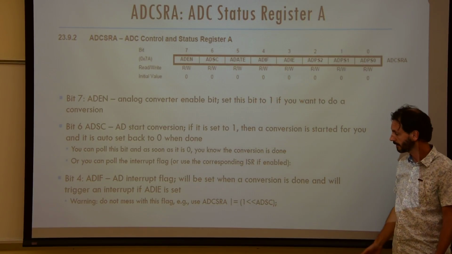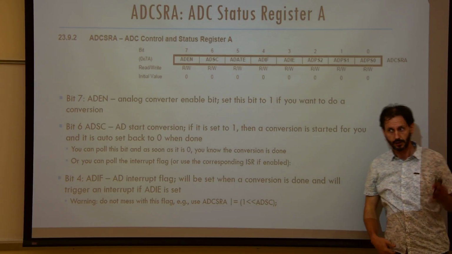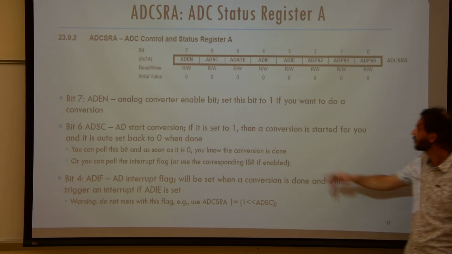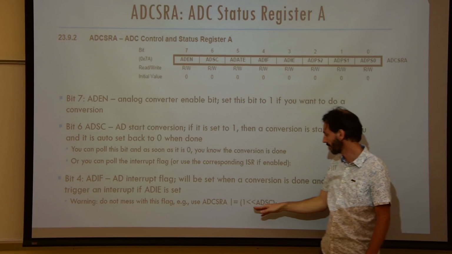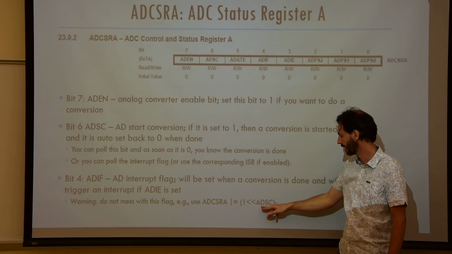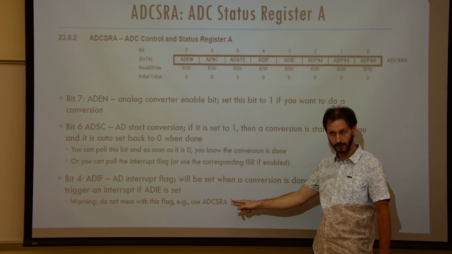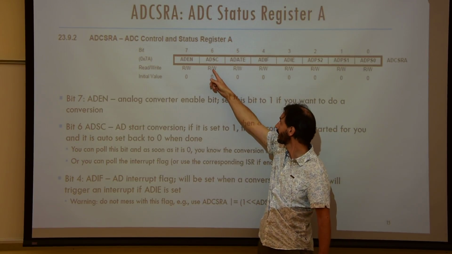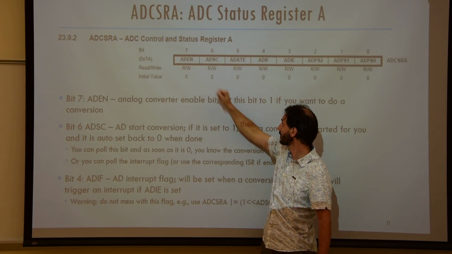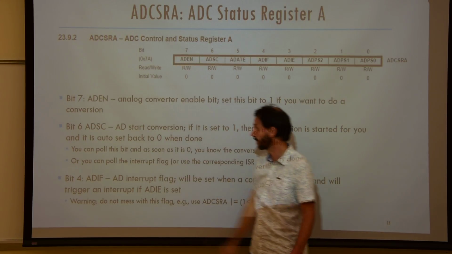And that means that when you are manipulating this particular register, you should be very careful not to touch this flag. So it's much better, for example, if you want to set a bit like ADSC in here, to do it with the OR instruction, so that you truly only manipulate this particular bit and set that to 1, if you would like to do that to start a conversion.